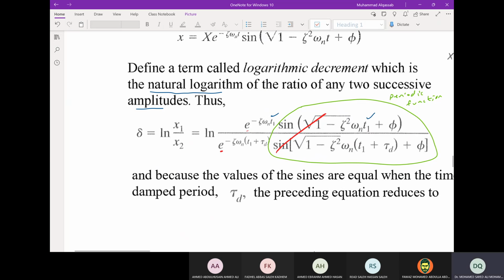Okay, so we have two examples about the logarithmic decrement. The following data are given for a vibrating system with viscous damping. The weight equal to 10 pounds, k equal to 30 pounds per inch, and c is 0.12 pound per inch per second. Determine the logarithmic decrement and the ratio of any two successive amplitudes.